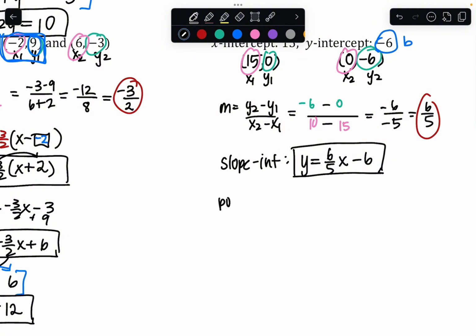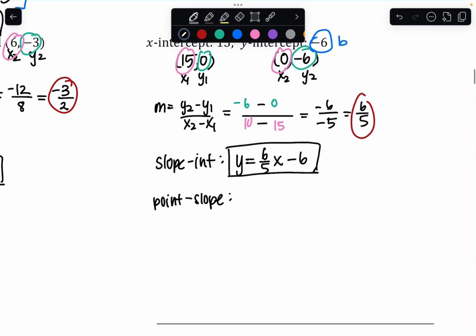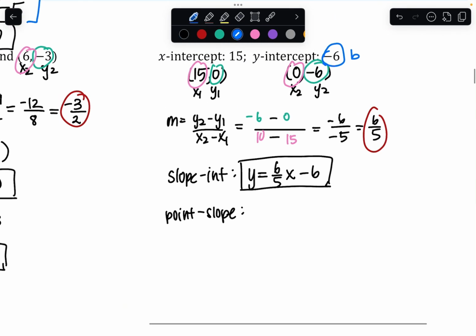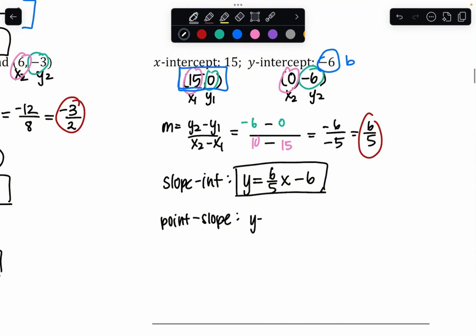For point-slope form, you could use either the y-intercept or the x-intercept. I'm going to use the x-intercept as my x1, y1. Okay, and so it's y minus the y equals m, which we know is 6/5, parentheses x minus the x.